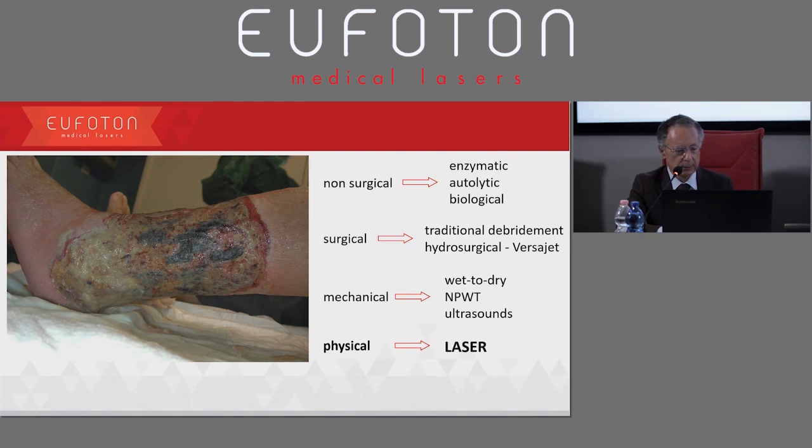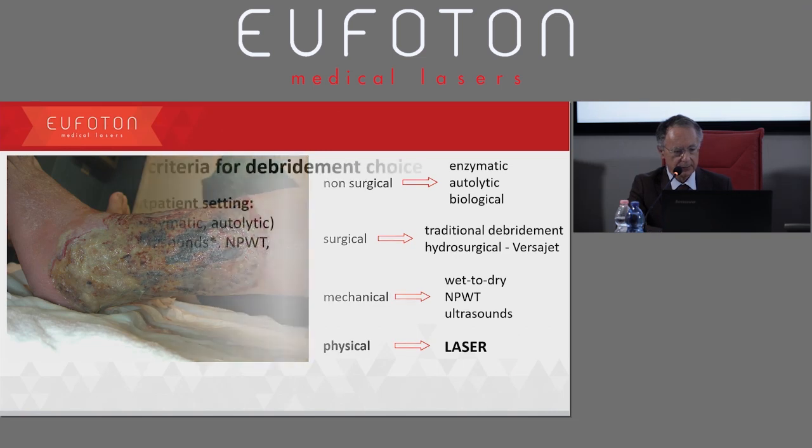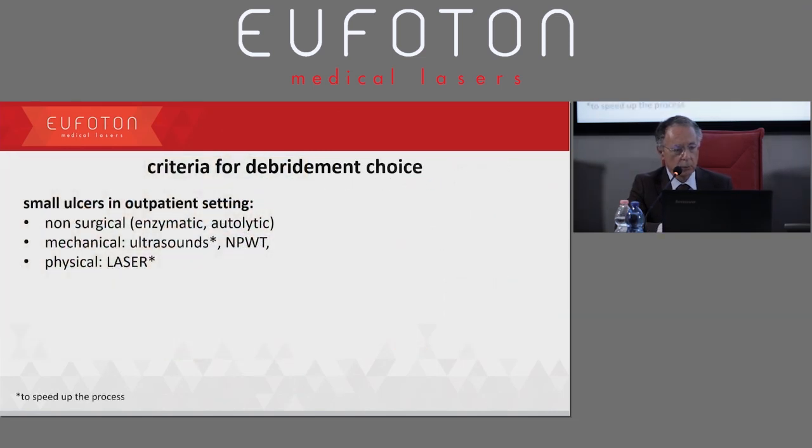And then there's the new kind of physical debridement, which is the laser treatment. How can we choose the method? This is just a personal criterion. If we have small ulcers, clearly we cannot use the surgical system.